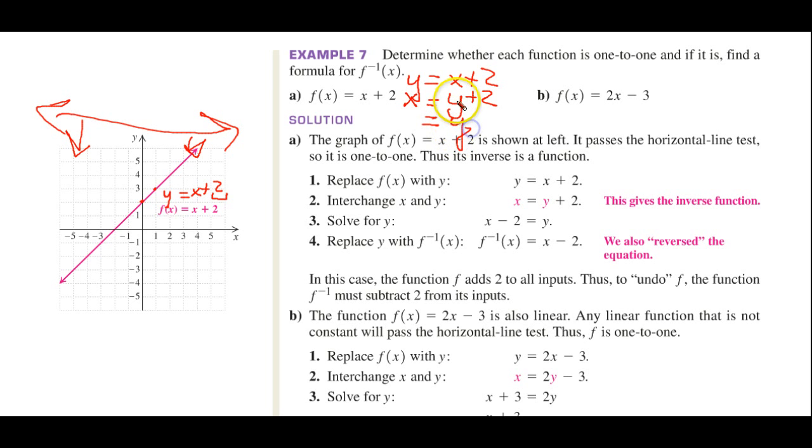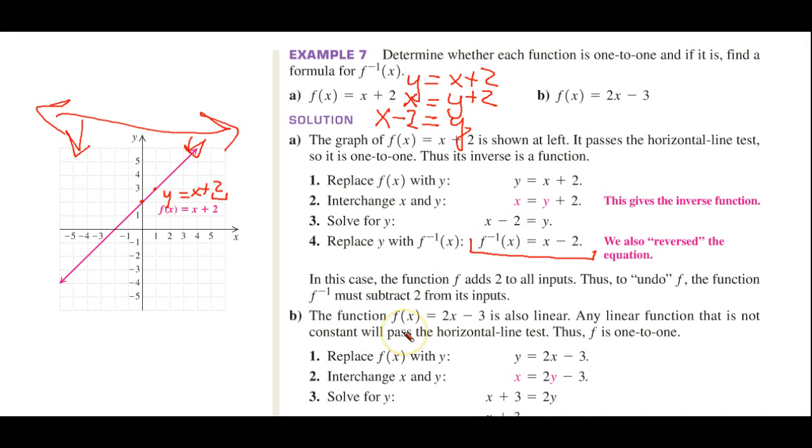Well, y is going to stay there, and then my 2 goes over to the other side, and we get x minus 2. This is the inverse function of this, and it's written like so. Okay, it said in this case the function adds 2 to all inputs. Thus, to undo f, the function must subtract 2 from its inputs. So here we added 2. Now we have to subtract 2.